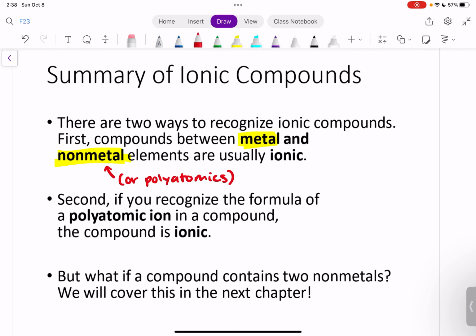But if there's a metal in there, you're going to have an ionic compound. If a compound only contains nonmetals, then that is a covalent compound. And those are very different. They behave differently. So we'll talk about those in the next chapter.